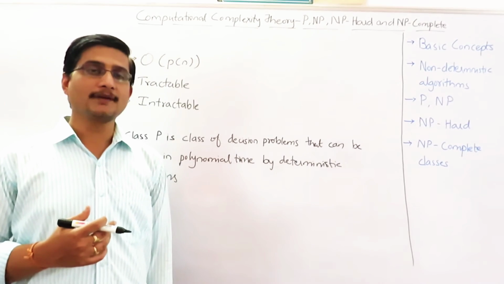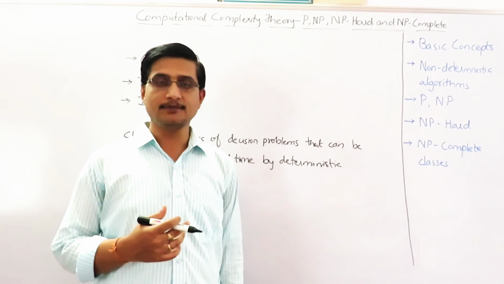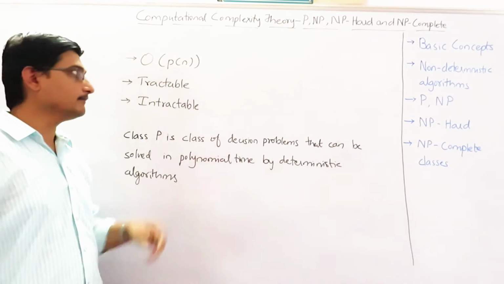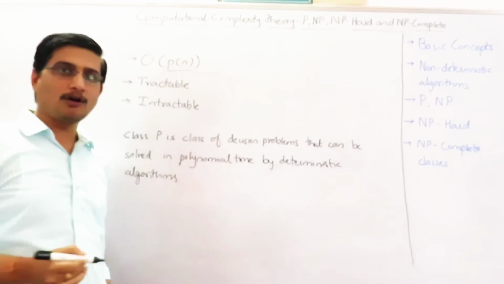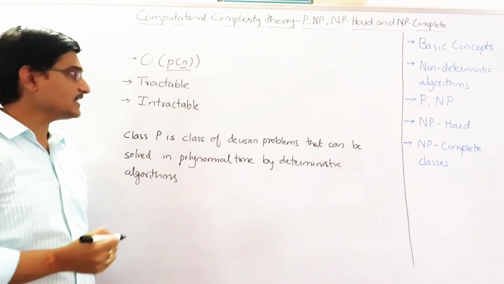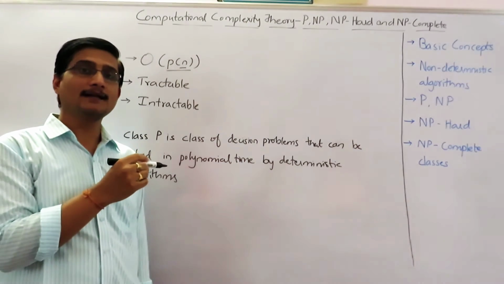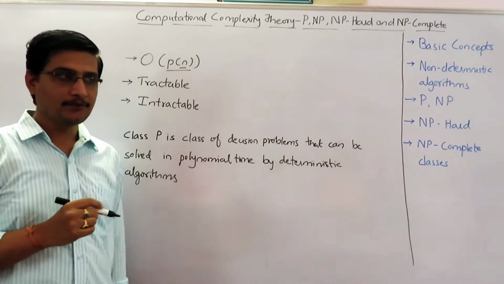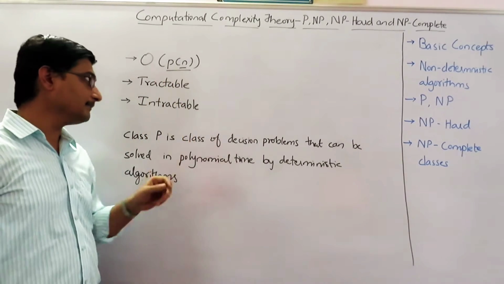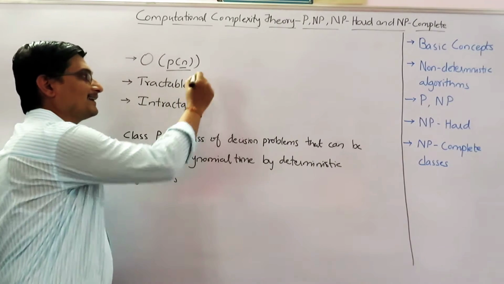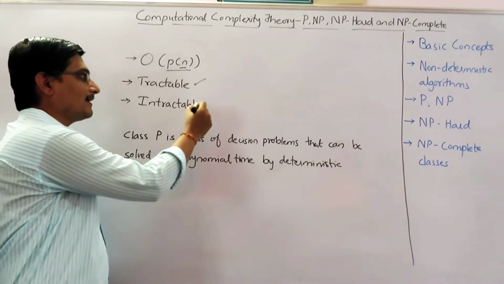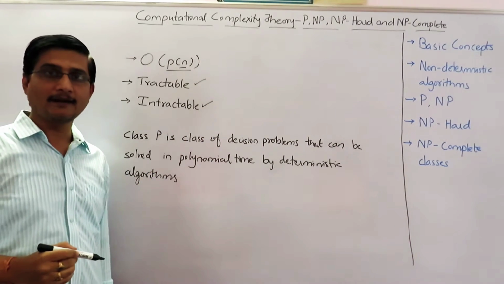We say that a problem can be solved in polynomial time if the worst case efficiency of the algorithm is in big O of p(n), where p(n) is a polynomial of the algorithm's input size n. If the algorithm can be solved in polynomial time, then we say they are tractable problems. If it cannot be solved in polynomial time, then we say they are intractable problems.